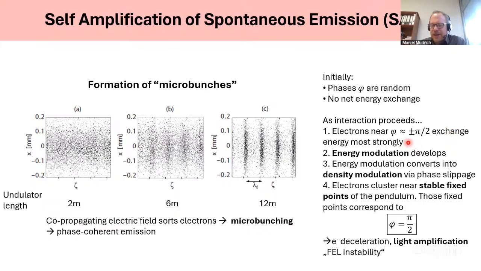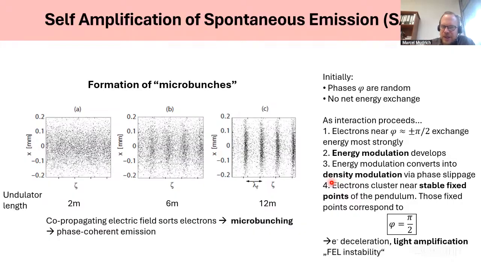Because there this time average over force times velocity is largest, either positive or negative, which produces an energy modulation. Some slices of electrons are pushed forward, some slices of electrons are pushed backwards. The energy modulation then, as the bunch propagates over a sufficiently long distance, converts into density modulation via phase slippage. But this takes quite some time.